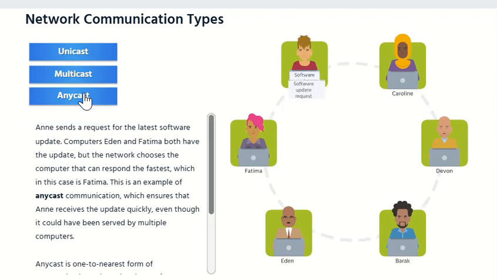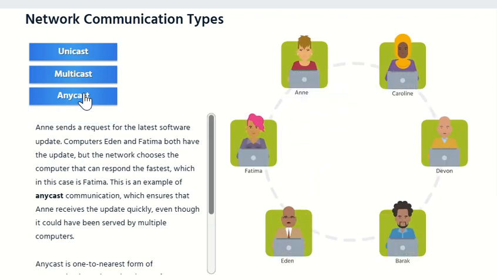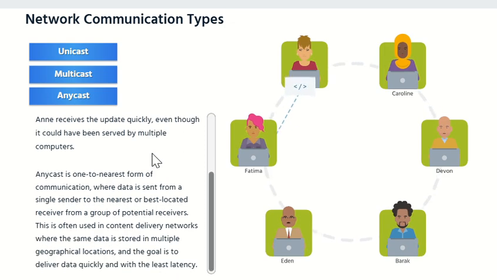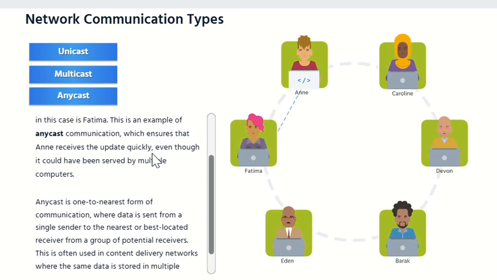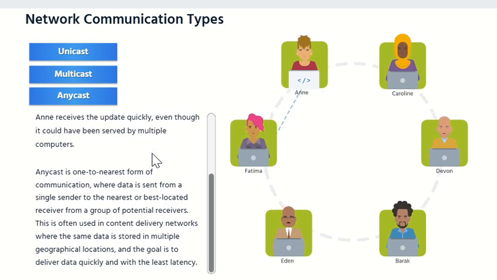Anne sends a request for the latest software update. Computers Eaton and Fatima both have the update, but the network chooses the computer that can respond the fastest, which in this case is Eaton. This is an example of Anycast communication, which ensures that Anne receives the update quickly, even though it could have been served by multiple computers.